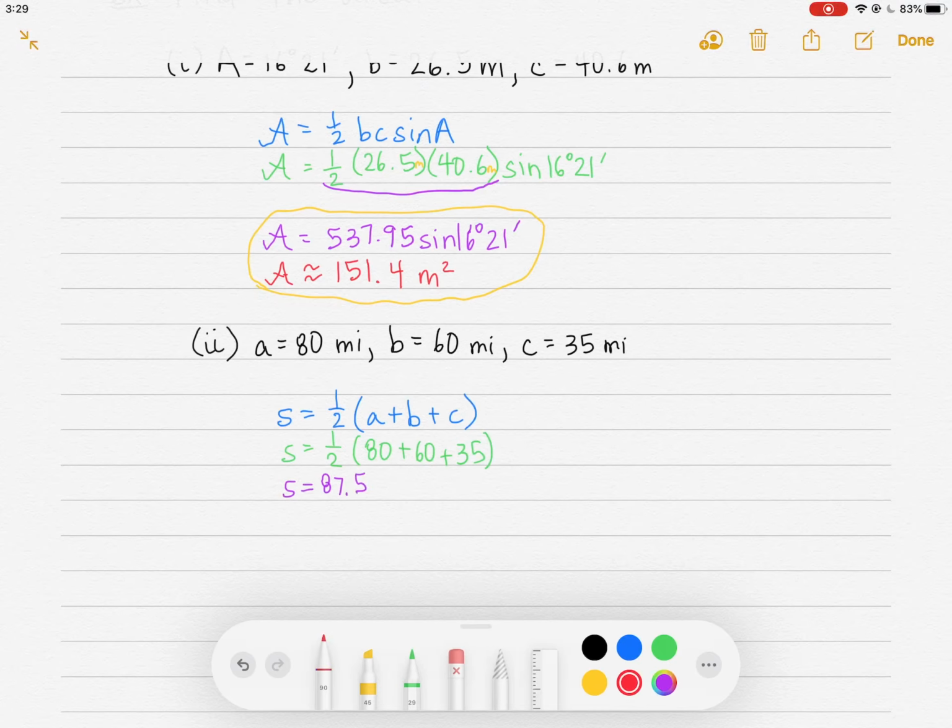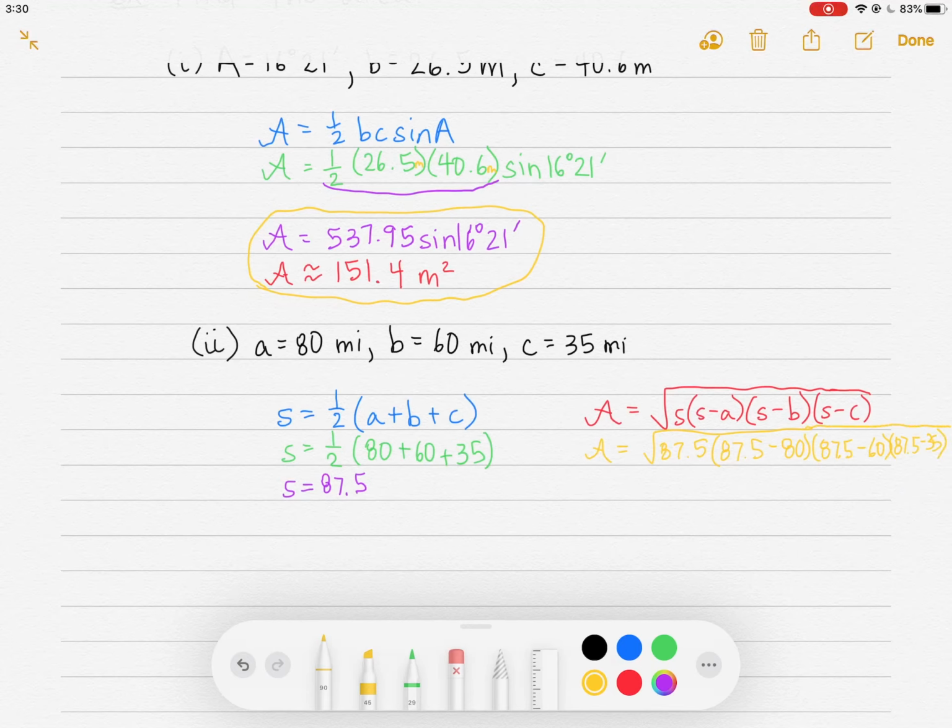Next, our area also is a formula. It is the square root of S times S minus A times S minus B times S minus C. And so in this case, that makes our area the square root of 87.5 times 87.5 minus 80 times 87.5 minus 60 times 87.5 minus 35.